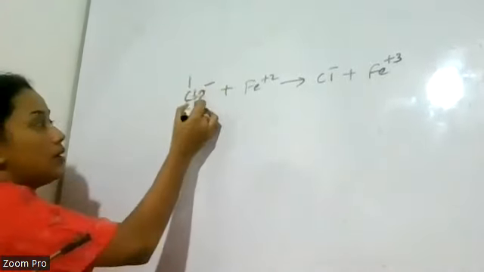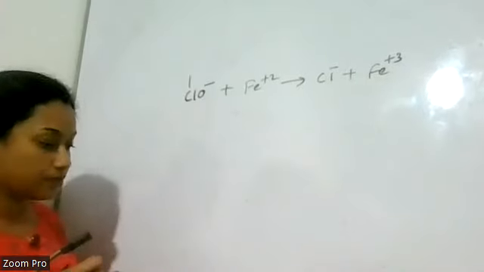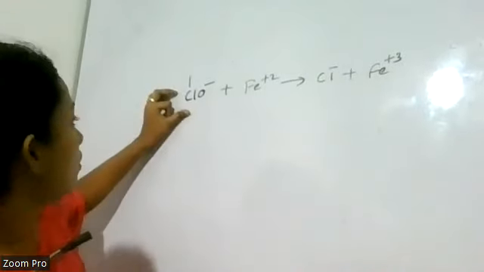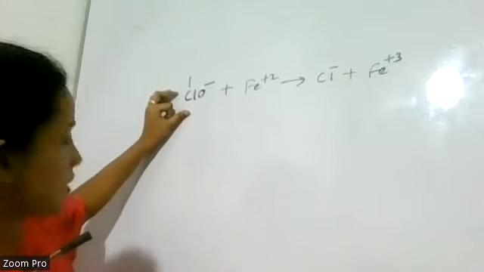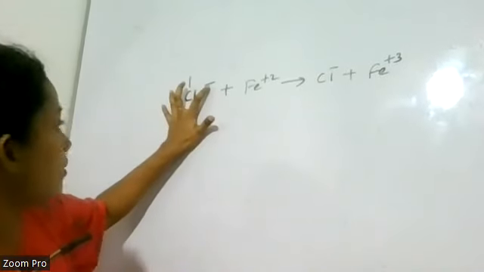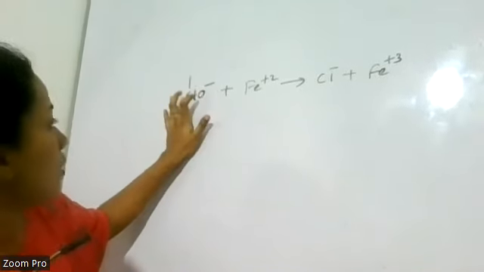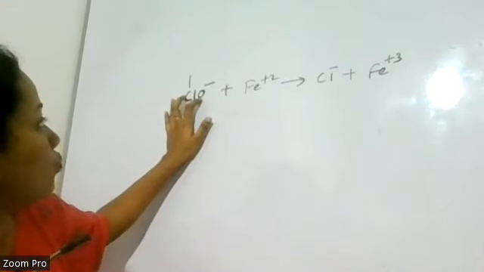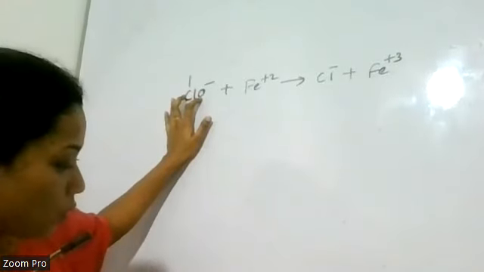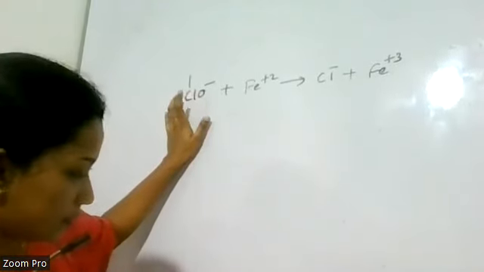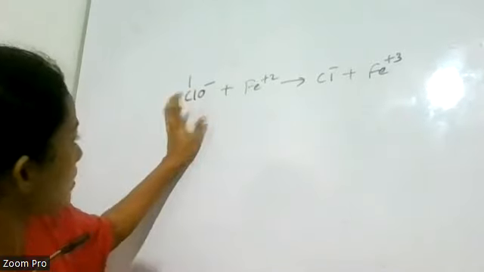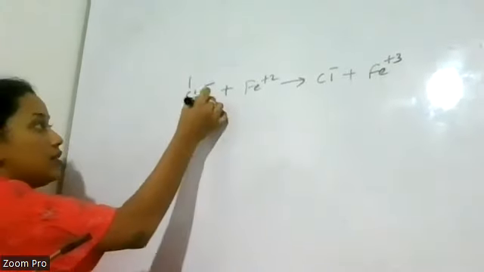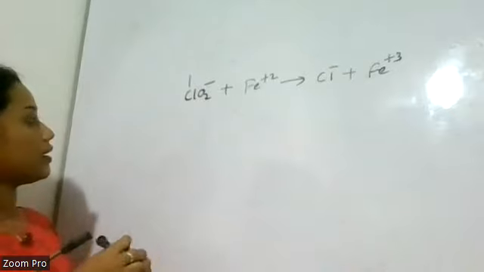Here ClO minus is minus 1. Here minus 2. ClO minus, ClO2 minus.